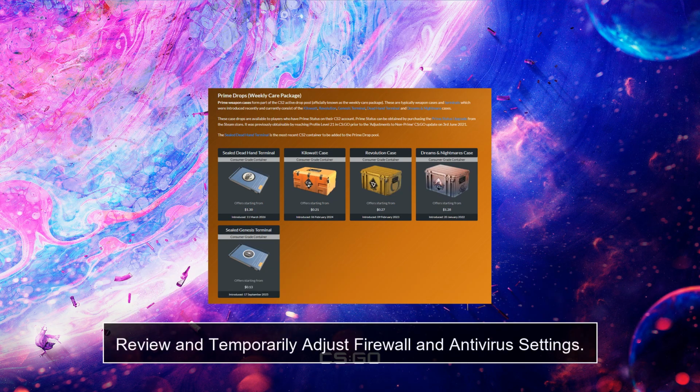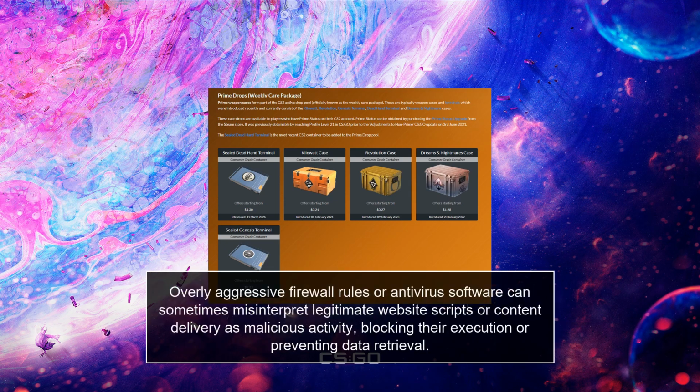Review and temporarily adjust firewall and antivirus settings. Overly aggressive firewall rules or antivirus software can sometimes misinterpret legitimate website scripts or content delivery as malicious activity, blocking their execution or preventing data retrieval.